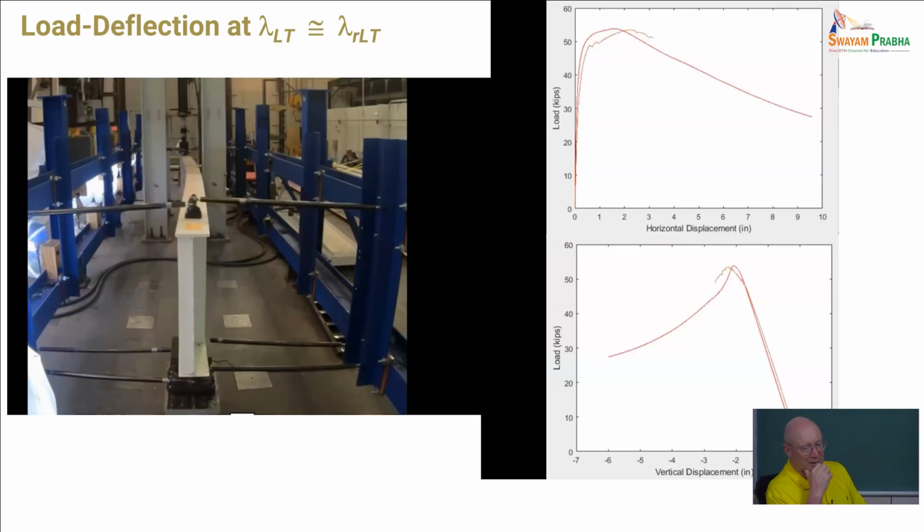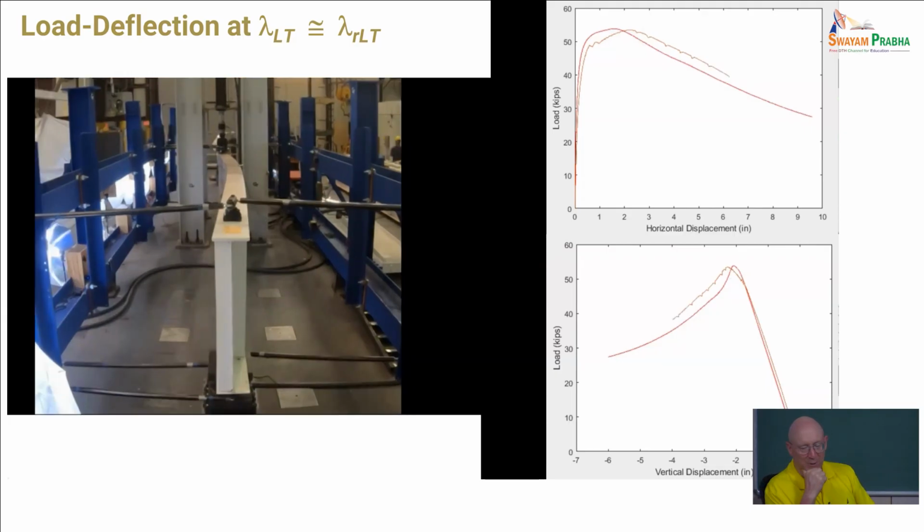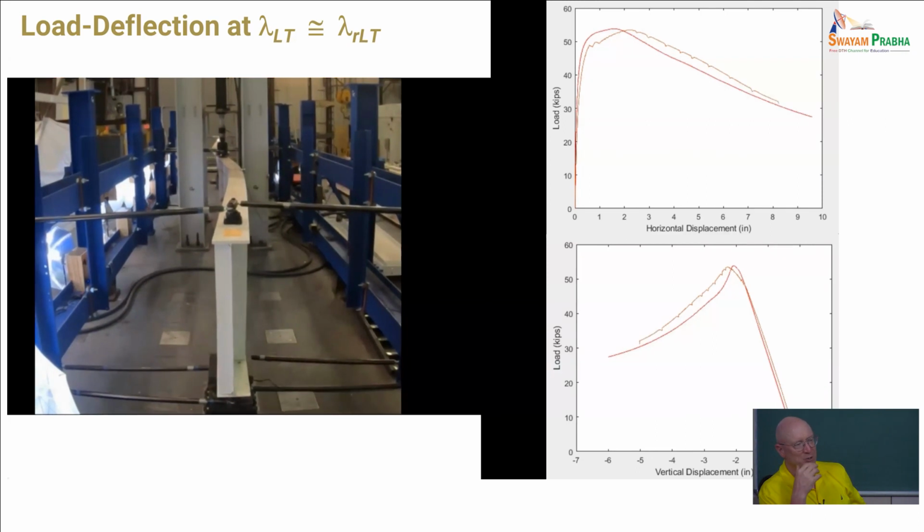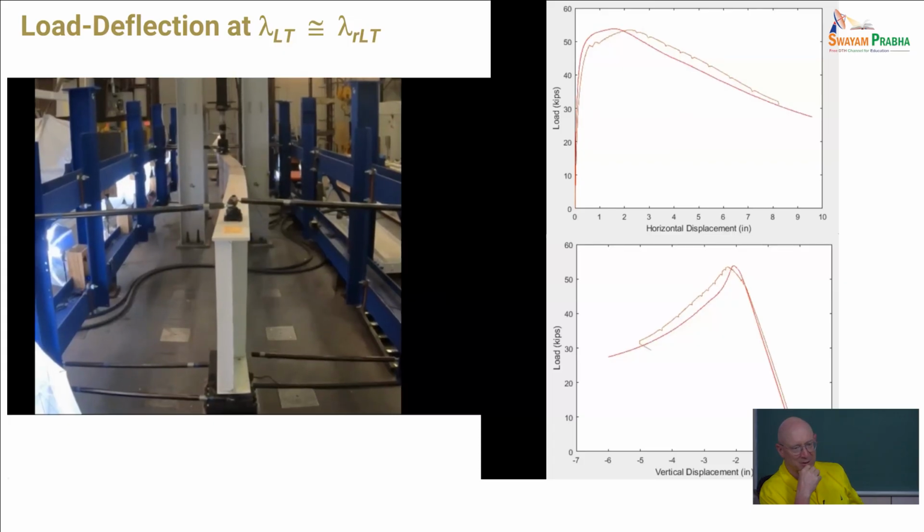And so the answer to that question is there's a lot more going on than just a stress due to the major axis bending plus an initial residual stress. So we're a little past the peak load here, but at the peak load in this test, you can see there's quite a large amount of lateral bending of that compression flange on the top.